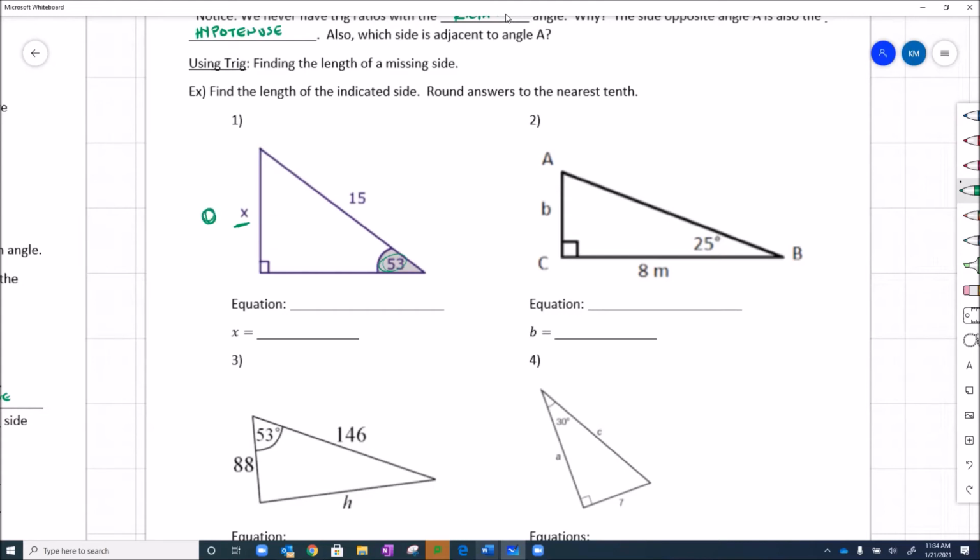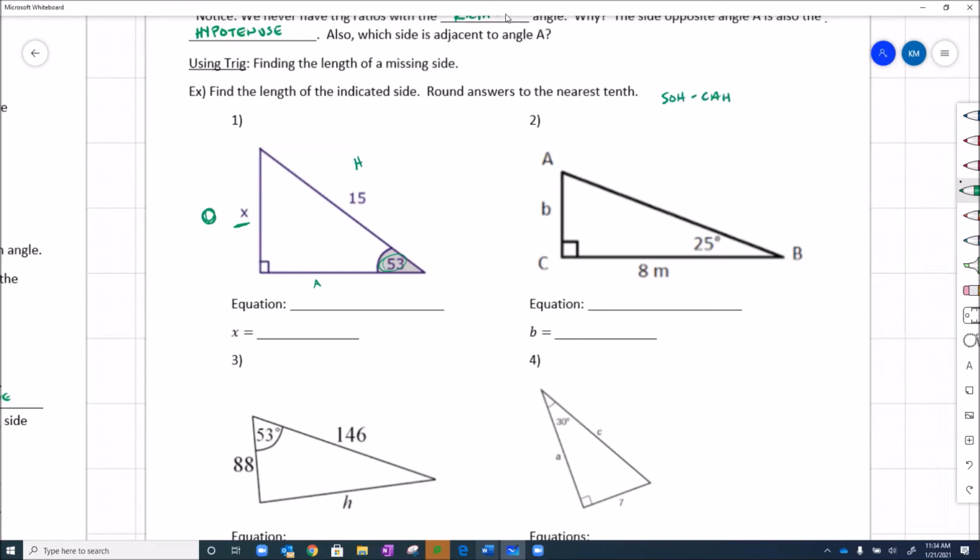This is the opposite side. This is the hypotenuse. This is the adjacent side. The opposite side is the one the angle is looking at, the hypotenuse is the side across from the 90-degree angle, and the adjacent is the other side. So I'm looking to see what sides I know. I know the hypotenuse. What side do I want to know? I want to know the opposite.